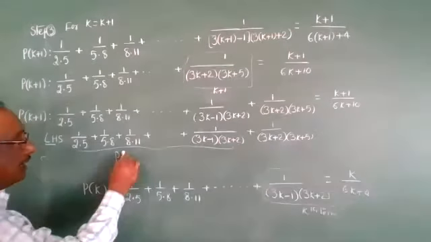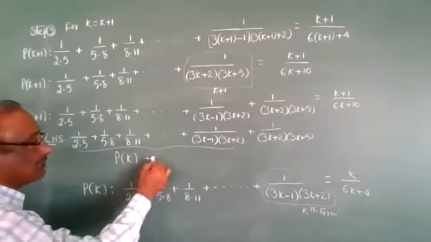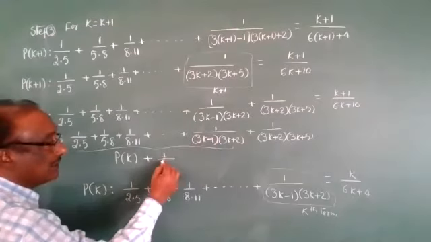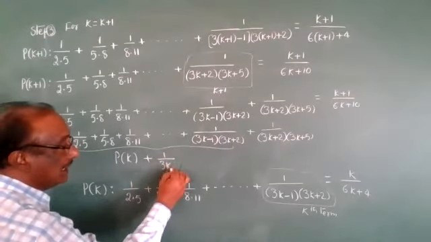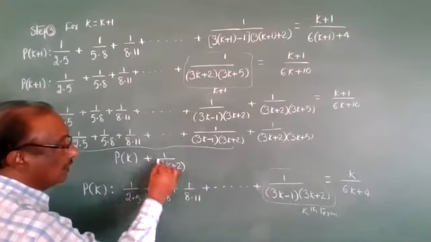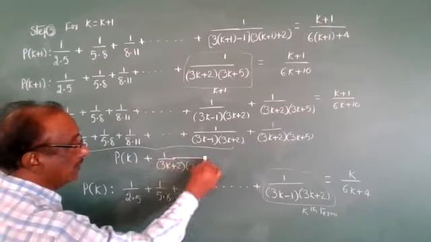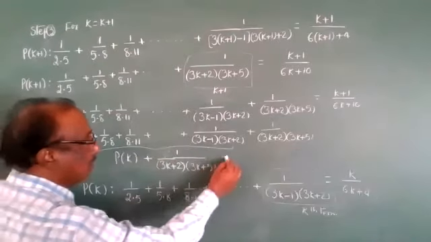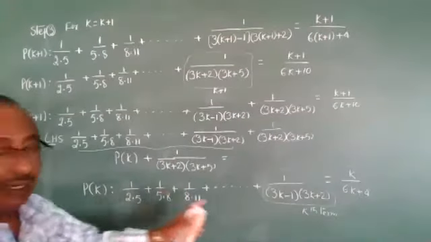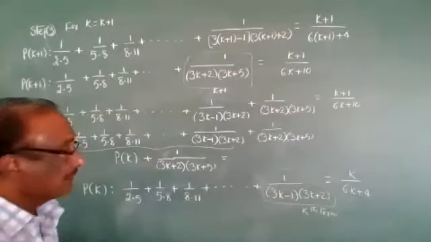This is P of k plus the k plus 1th term. The k plus 1th number is 1 by (3k plus 2) into (3k plus 5). P of k plus 1 value: P of k terms value, write down here.